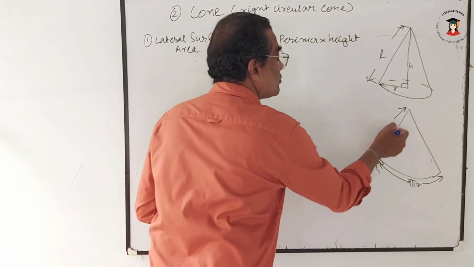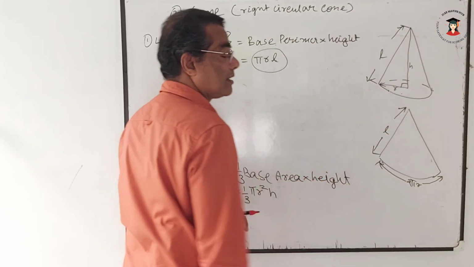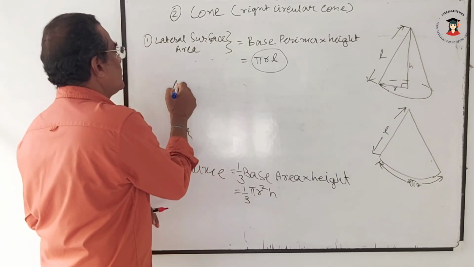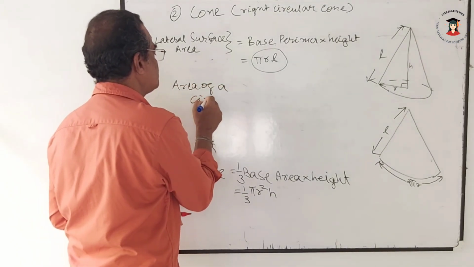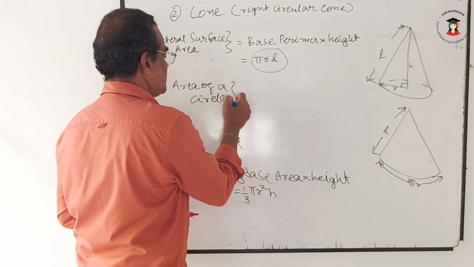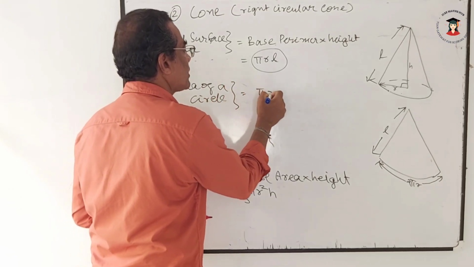So this is a portion of a circle of radius L. Area of a circle equals pi r square.